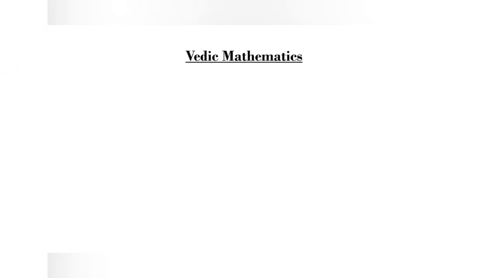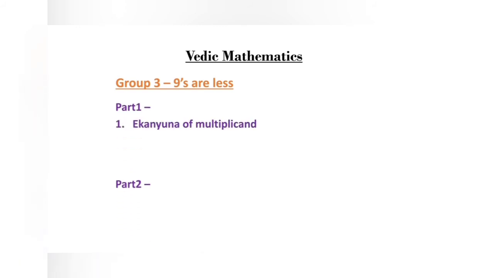The last group is when nines have fewer digits. Let me explain the process with an example. Follow 3 simple steps for part 1. Step 1: find the Ekanyunya of the multiplicand as before. Step 2: underline the digits from the unit place, as many as nines.